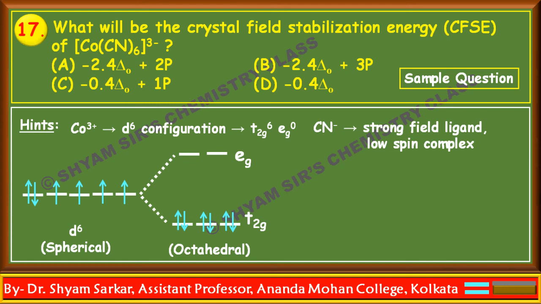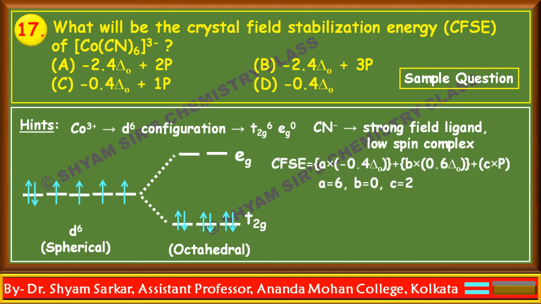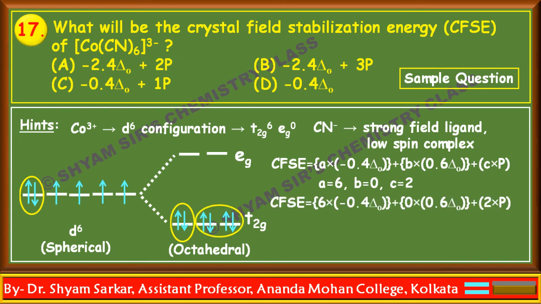Now if you want to calculate CFSE, 2 additional pairings occurred with respect to the spherical field, so you have to consider 2P. So CFSE becomes 6 into minus 0.4 delta O plus 0 into 0.6 delta O plus 2P, that means minus 2.4 delta O plus 2P. So this is the correct answer. So option A is the correct answer.